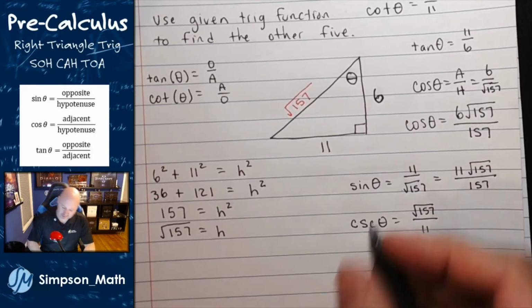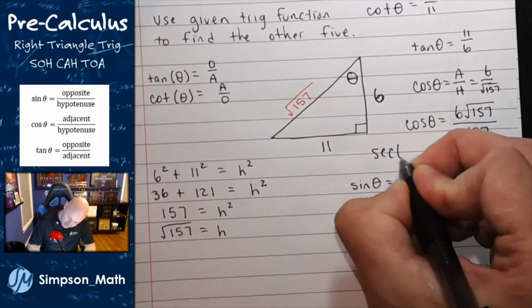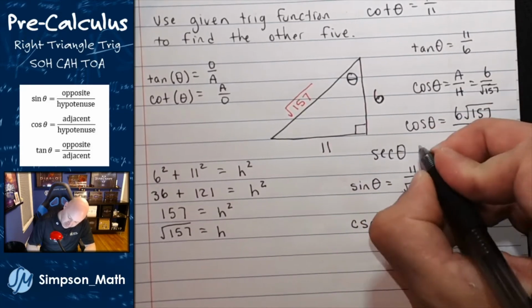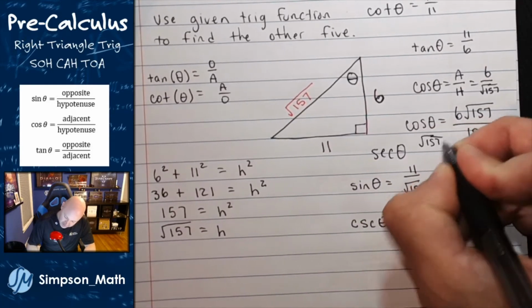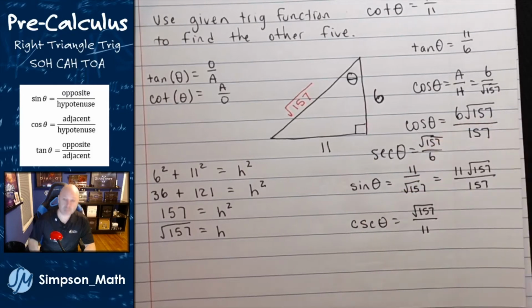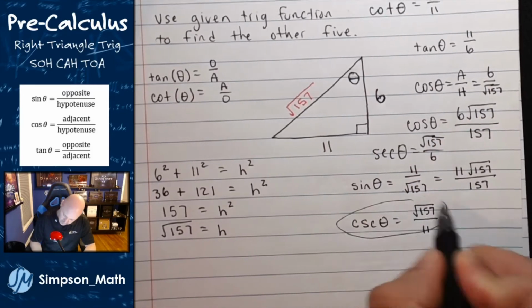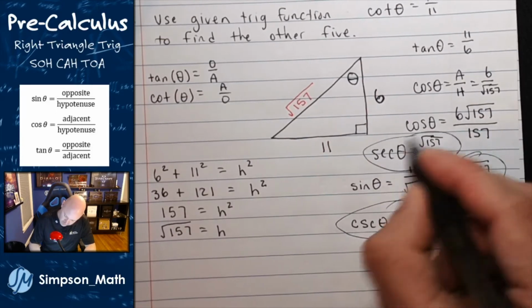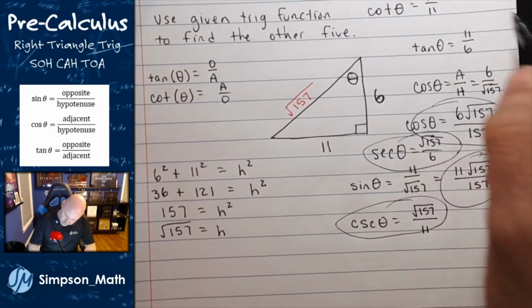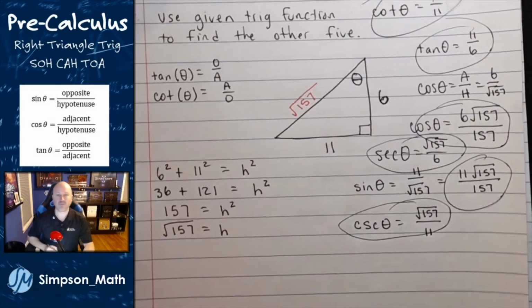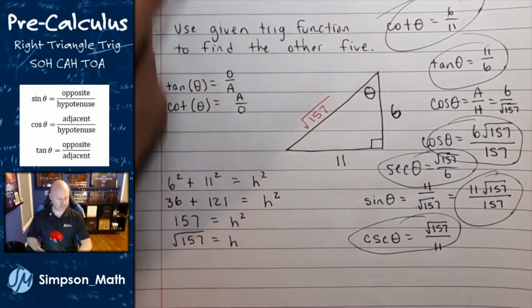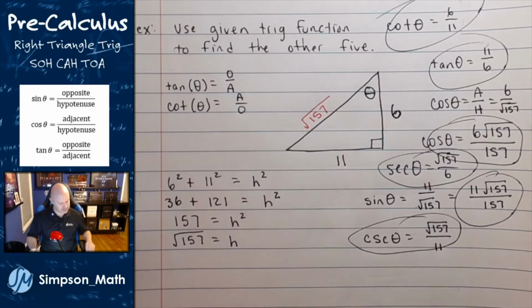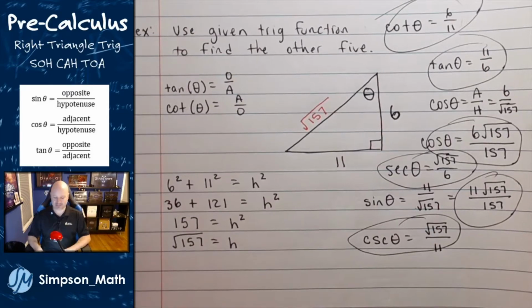And if you can tell me cosine, then secant should follow right beside it as the root of 157 all over 6. Okay. SOHCAHTOA. Nice and relaxed.